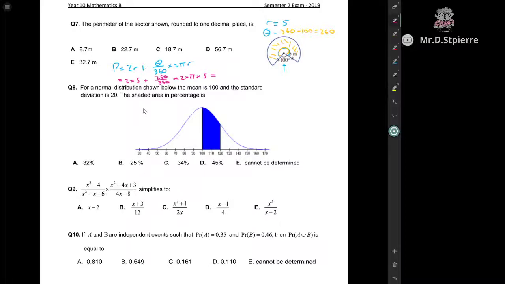I did a 10 times at the start. That's a plus there. That's what I've done wrong. There we go. 32.689, which rounds to roughly, we've got one decimal place there, 32.7. Answer is E.